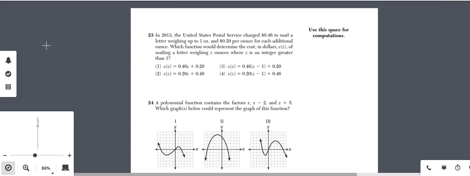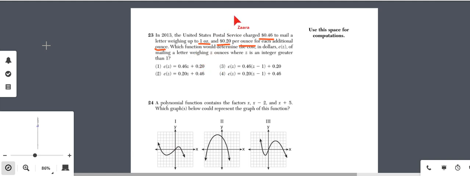In 2013, the United States Postal Service charges 0.46 to mail a letter weighing up to 1 ounce, and 0.20 per ounce for each additional ounce.